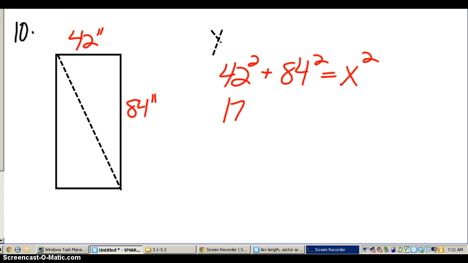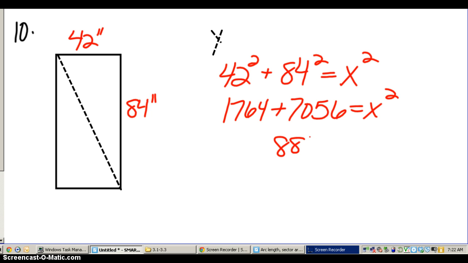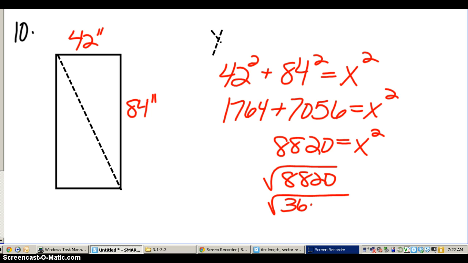So that would be 1764 plus 7056 is equal to x squared. So when I combine those together, that's 8820. And then I need to be able to take the square root of that. So if I divide that by a perfect square, let's say we divide it by 36, then we get 245.